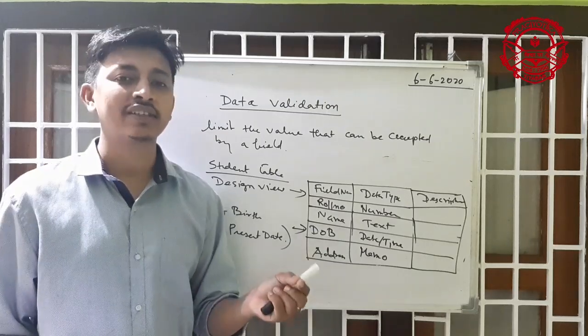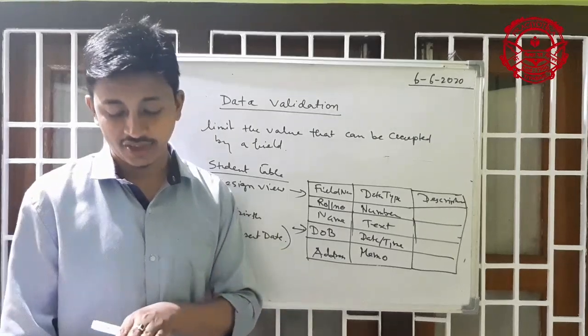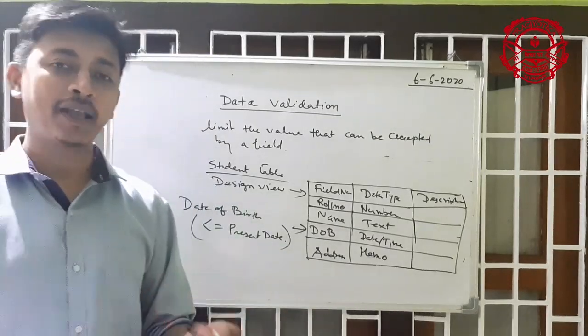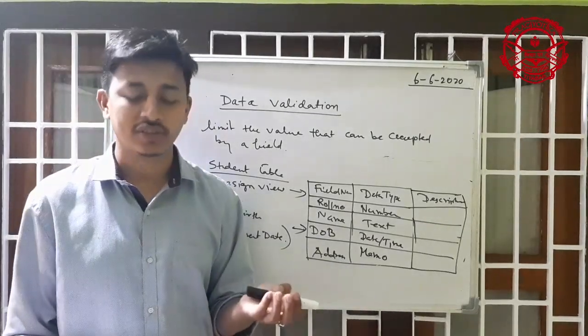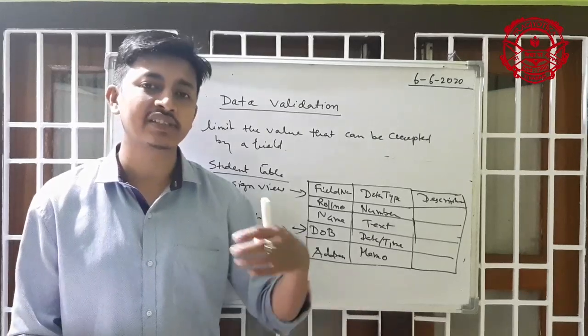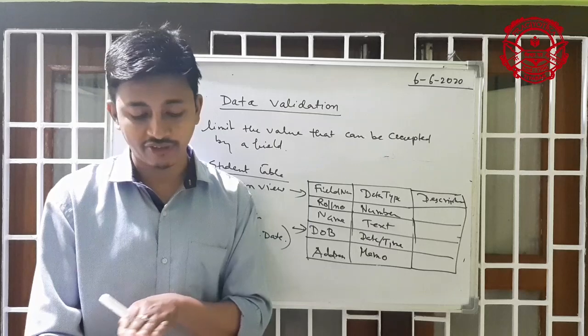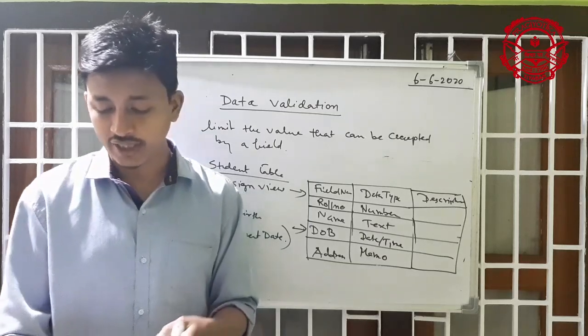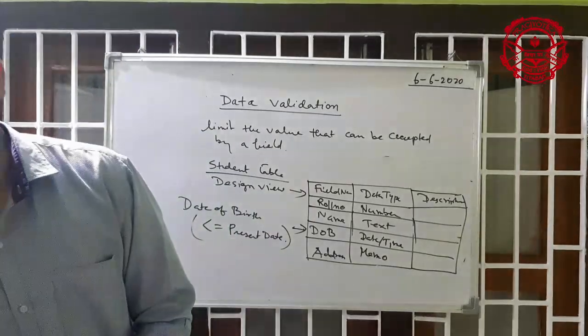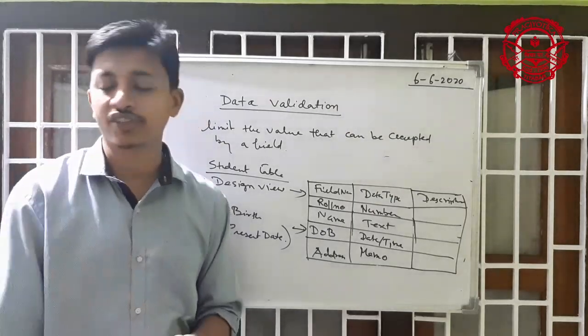So this is invalid data. So in this way you can apply this type of validation against any field, or you can define data validation rules for the fields in your tables.